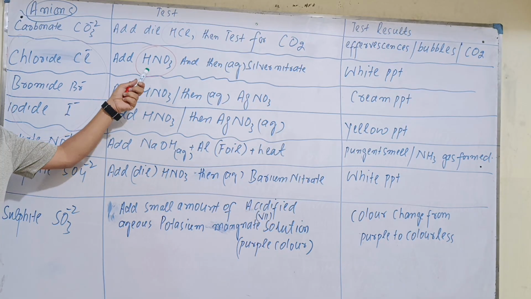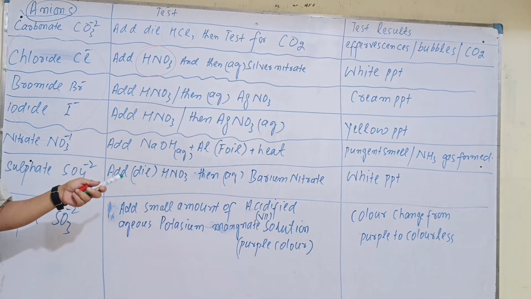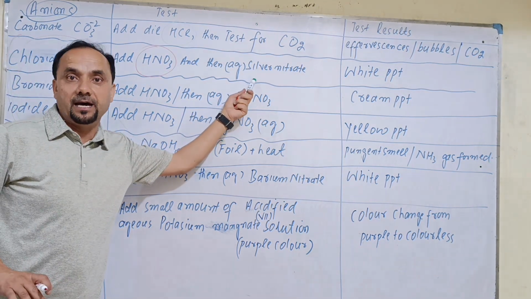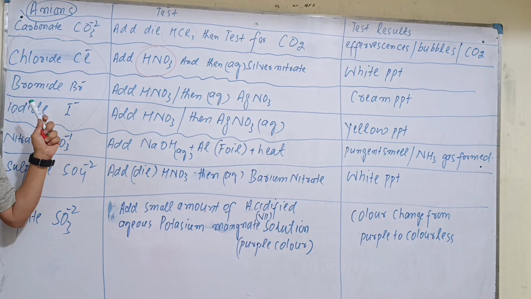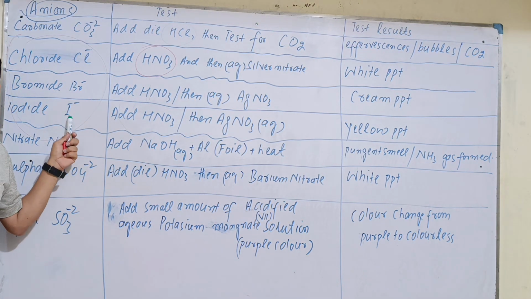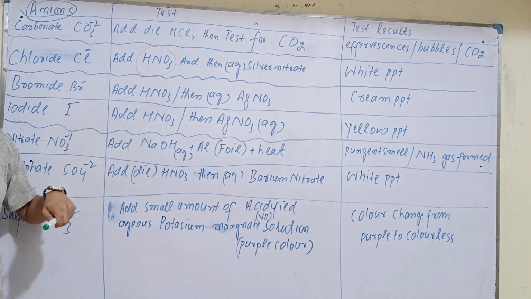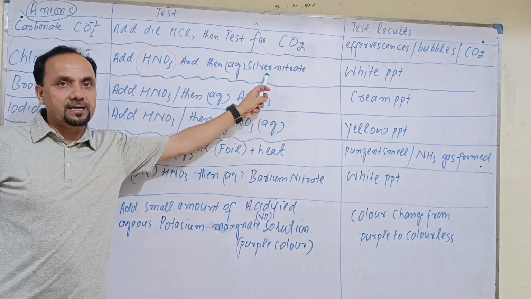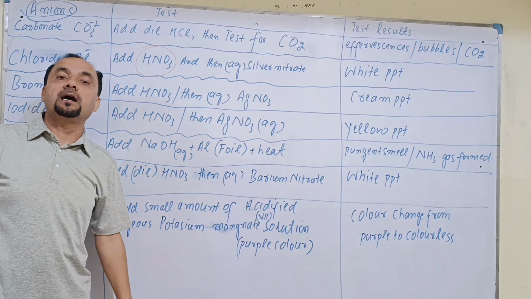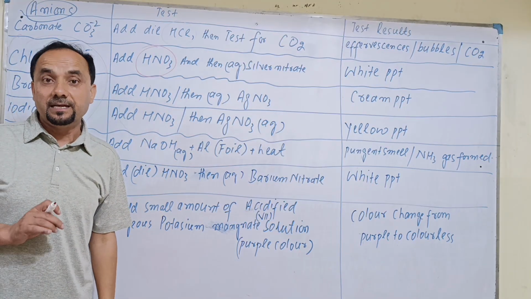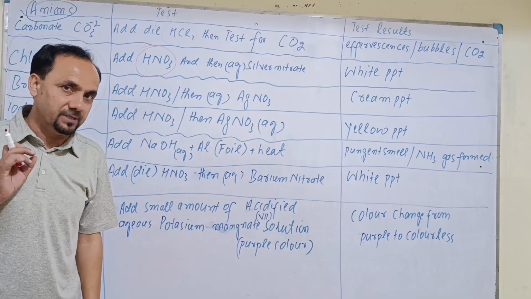If we don't add nitric acid and directly add silver nitrate, and the solution also contains carbonate, then silver nitrate will react with carbonate and silver carbonate will be formed, which is also a precipitate.